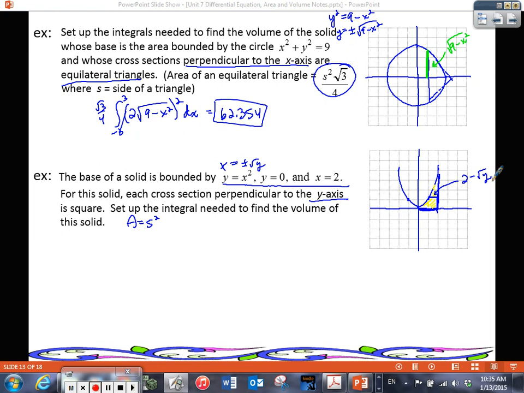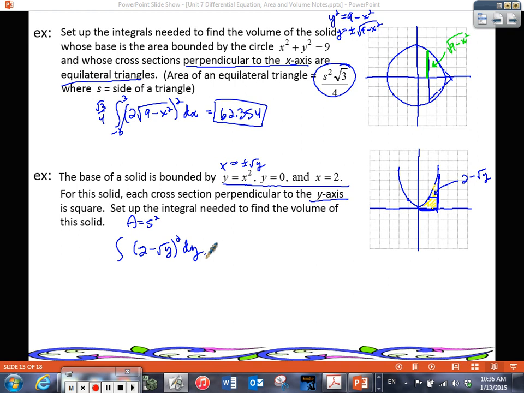Okay? And so using our formula, the integral, it says side squared. We said side is represented by 2 minus square root of y. So 2 minus square root of y squared. That's my area formula for my cross section.